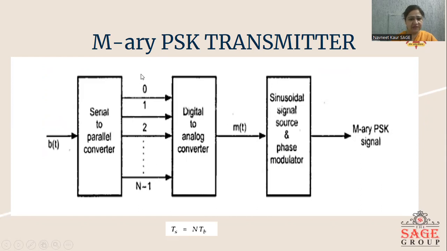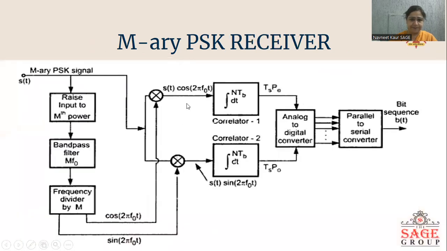So, whenever there is a change in the combination of bits, there will be a change in m(t) and a change in the phase of the carrier signal. So here we will get M values of voltage m(t) and an M-ary PSK signal for each bit combination. So this is how we will get the M-ary PSK signal.